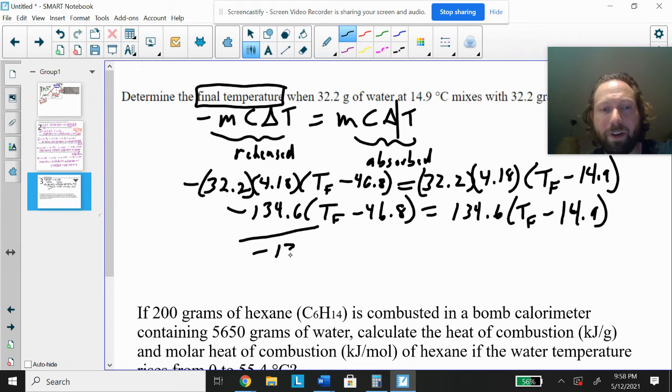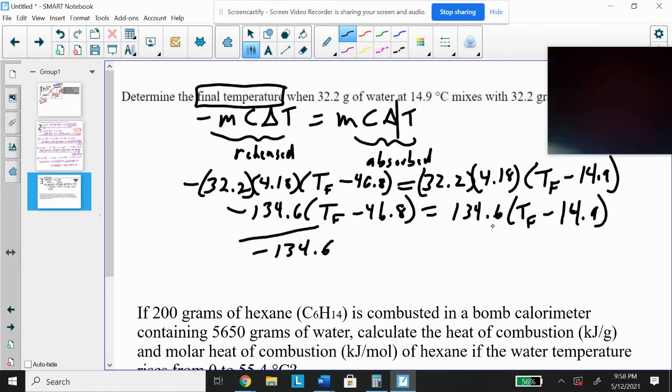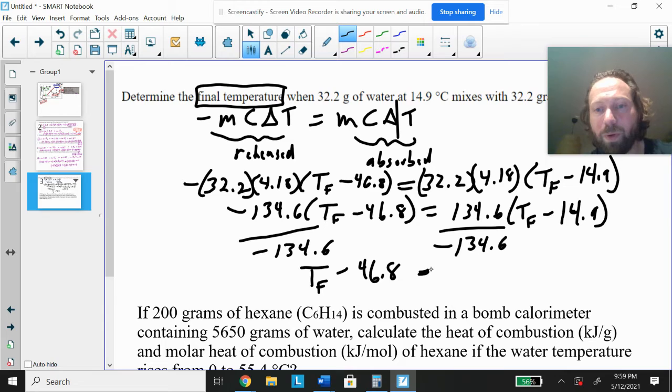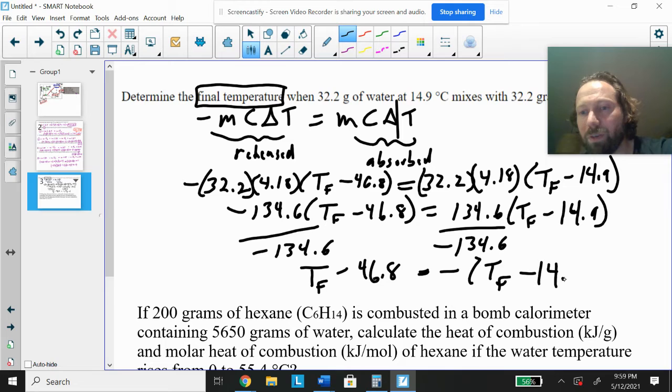So negative 134.6 divided by negative 134.6, and then we get temperature final minus 46.8 equals negative (temperature final minus 14.9).